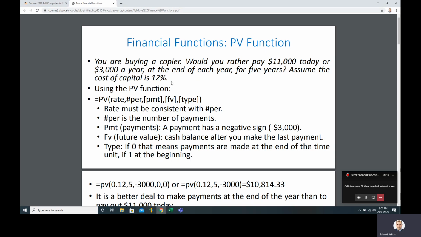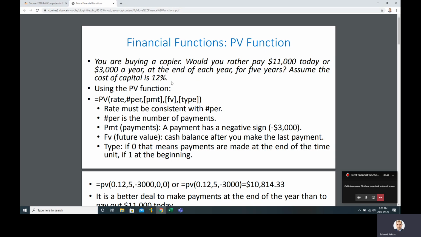So in order to make a decision on which method or offer is a better option for purchasing an equipment or any other investment, one way to do that is to find the present value of all the payments, and then you can compare that with the cash option or the upfront investment.